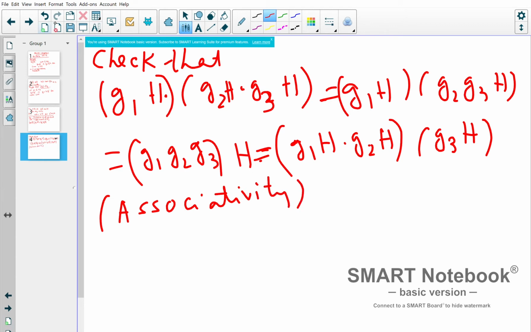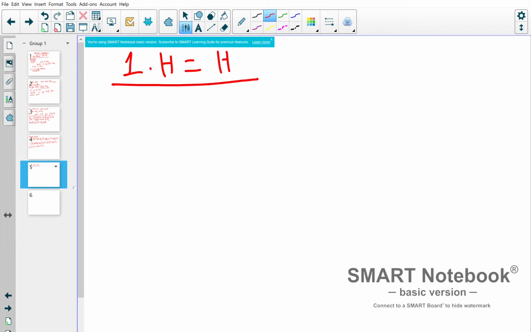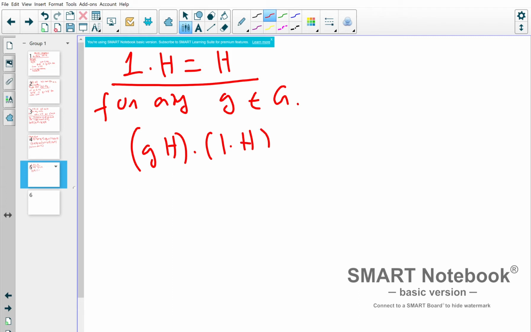Now with respect to that you have a nice element. Say you write 1H, that is H, where 1 is the identity of the group G. This is a nice element, and it has this property: for any G belongs to G, you have GH dot 1H equal to GH equal to 1H dot GH.